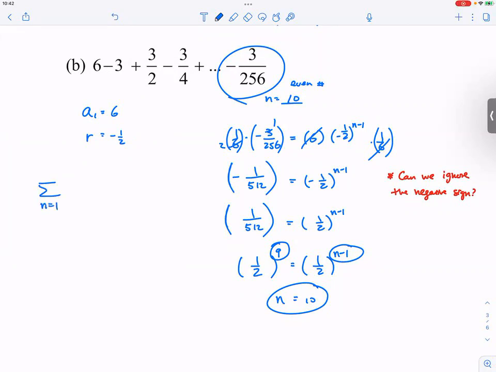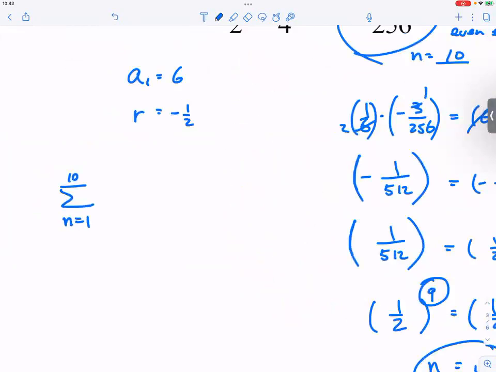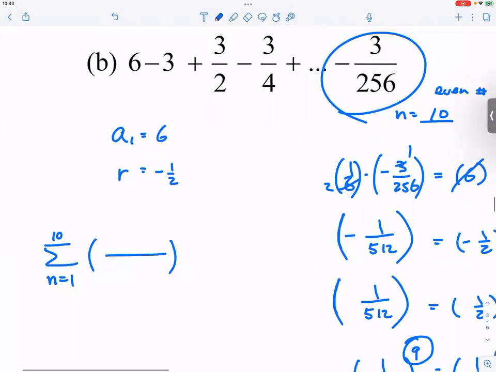So we say n is equal to 10 for this case, and therefore we would write our summation notation. We add the first term all the way to the 10th term. And what's the notation here? Well, it's a geometric series. So we have A1, which is 6, times 1 minus negative 1/2 raised to the 10th power.